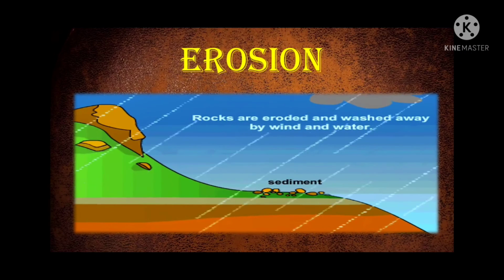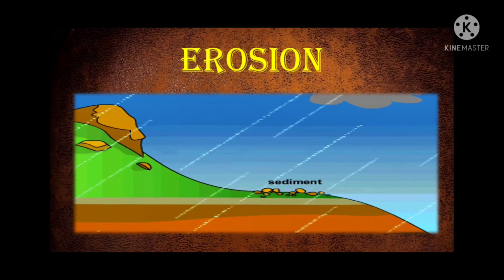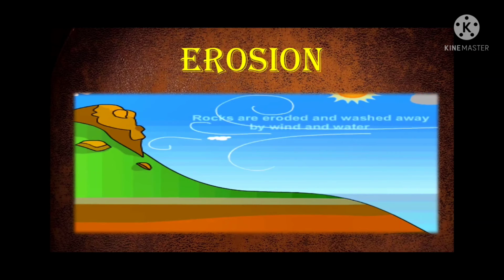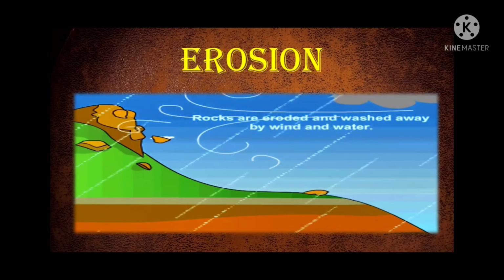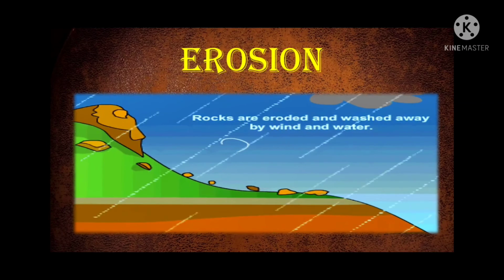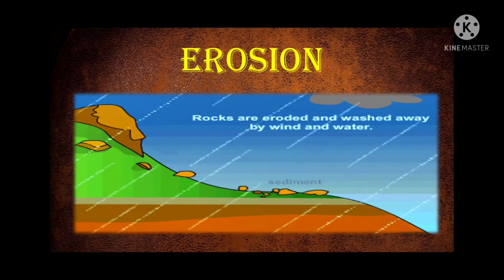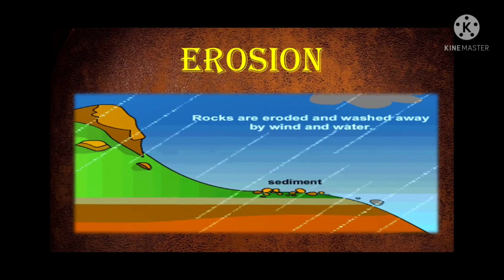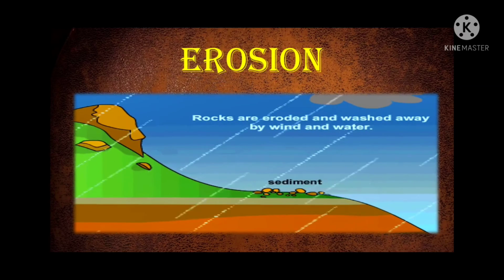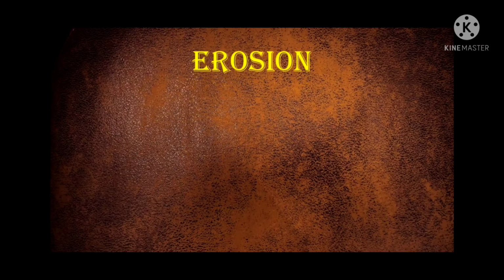Now, erosion occurs on the earth's surface. As you all know, when rocks are eroded and washed away by the wind and water, it is called erosion. So like weathering and mass movement, erosion is an external process that occurs on the earth's surface.